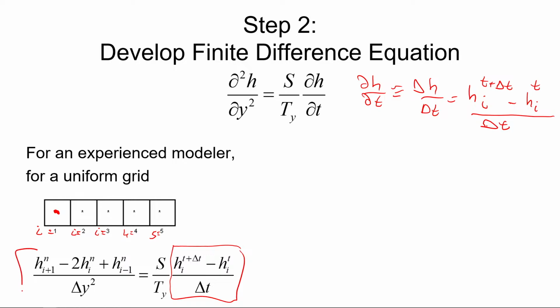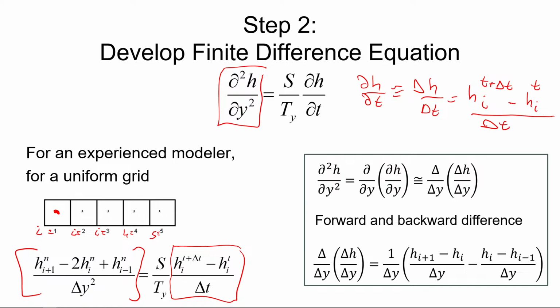How about this term? Do you remember the meaning of it? Let me show you. The second derivative means that you can express it like this, with a delta here and a delta here. This is the difference of the difference.